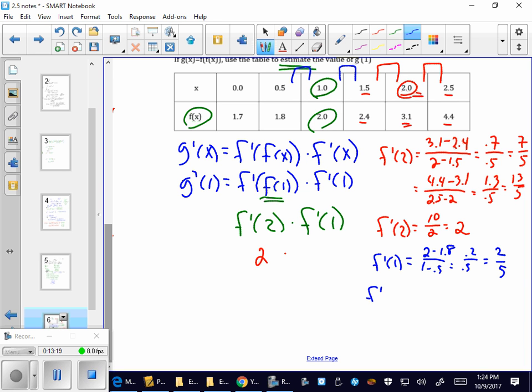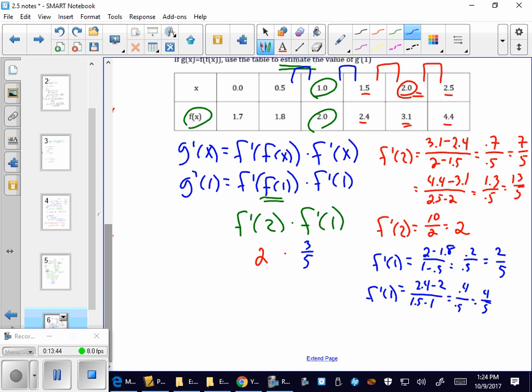Okay, the other f prime of 1 approximation, using the second point, is 2.4 minus 2 over 1.5 minus 1. So we get 0.4 over 0.5, which is 4/5. Okay, that one's an easy one to average. What's in between 2/5 and 4/5 is 3/5.